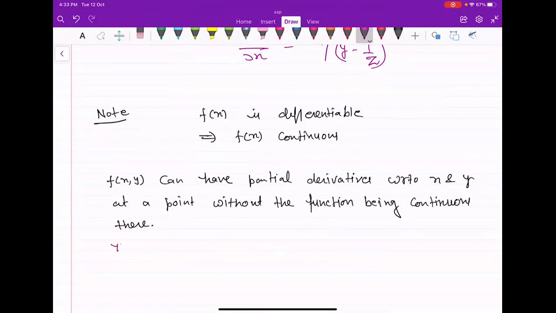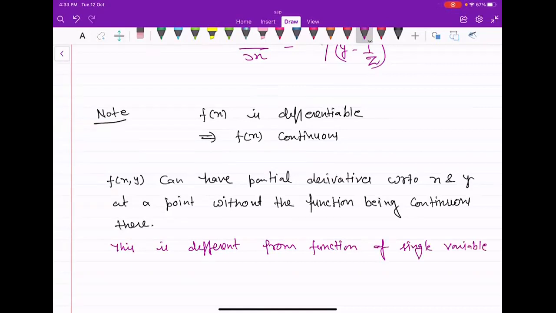So this is different from a function of a single variable, where existence of the derivative implies continuity.